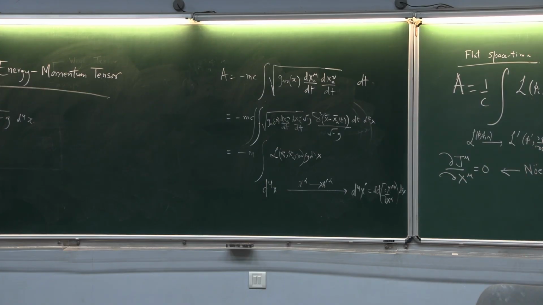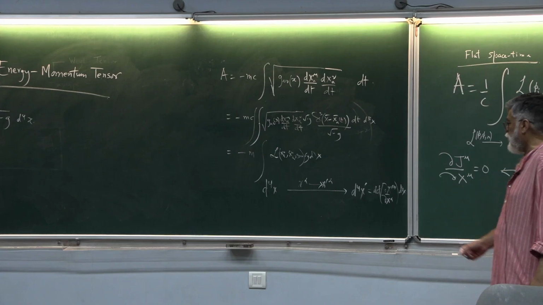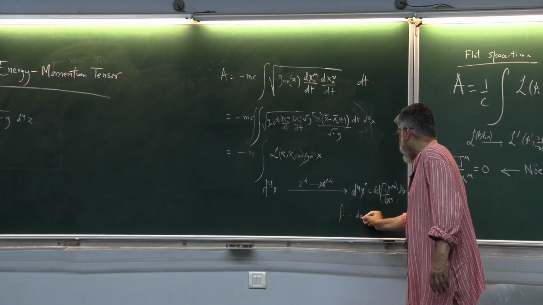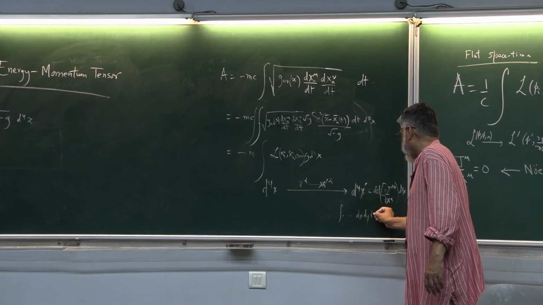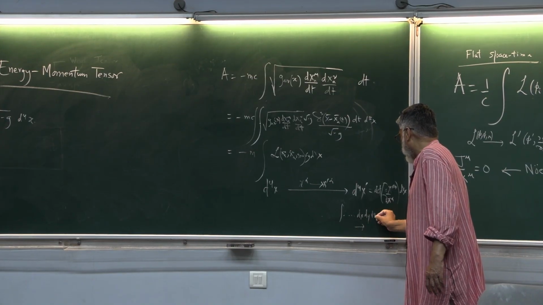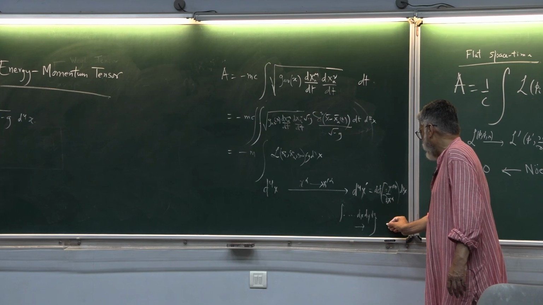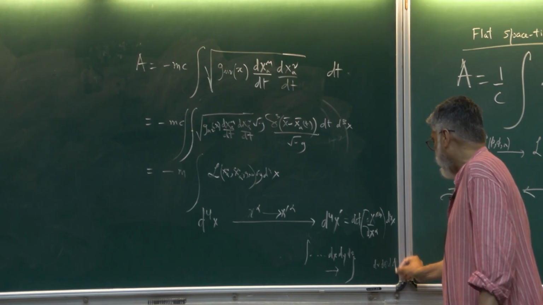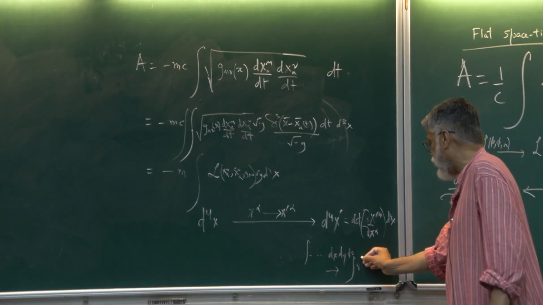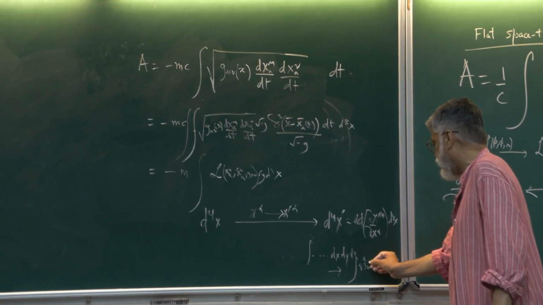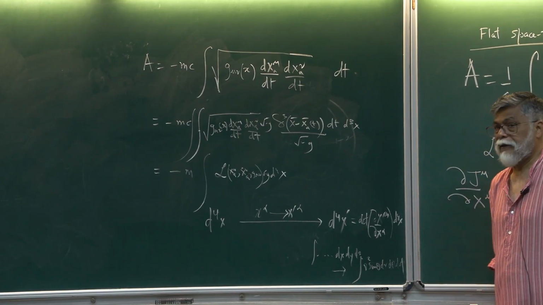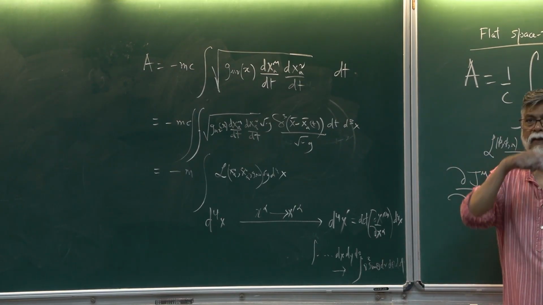Remember the example: supposing I have something integrated over dx, dy, dz. When you go to the spherical polar coordinate system, it will be dr, d theta, d phi, but there is a Jacobian which is r squared sine theta. So this part comes from the Jacobian.